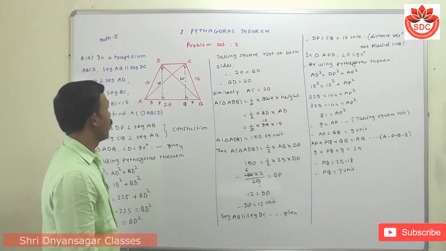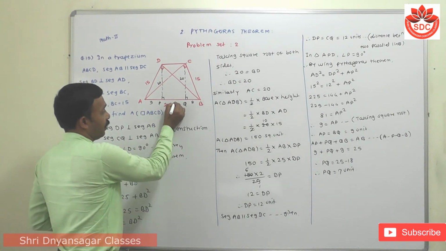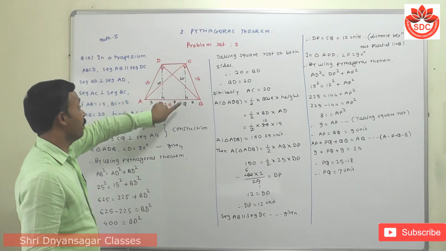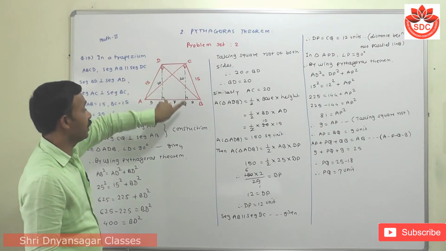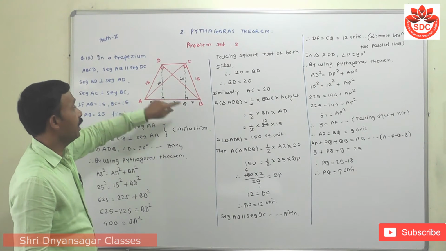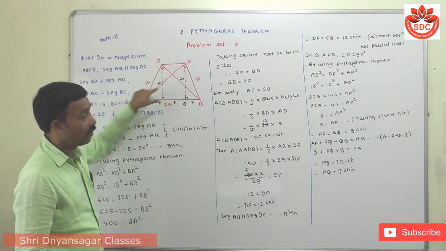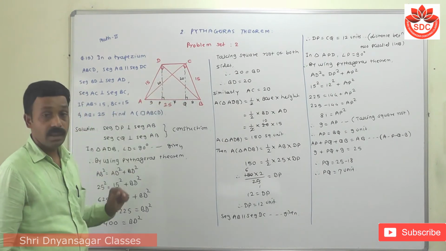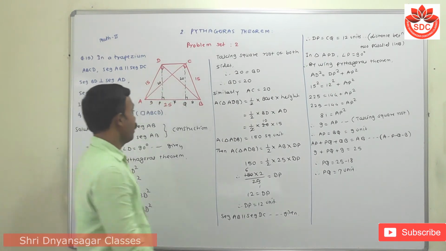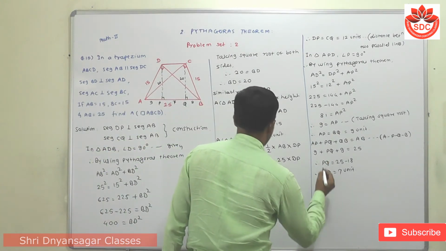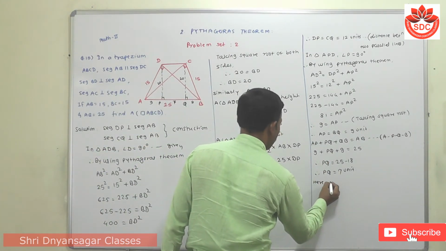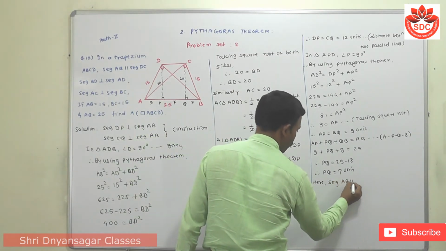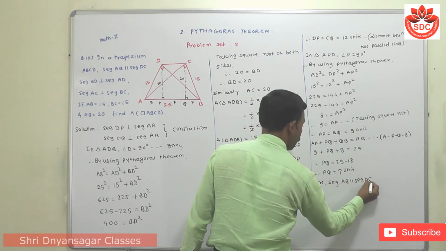Student, here PQ is 7. Now, CD is parallel with AB. So CD is also parallel with PQ. Then this is also perpendicular to one line, so that they are also parallel, means that this quadrilateral is a parallelogram. So first I will write here segment AB is parallel with segment DC.